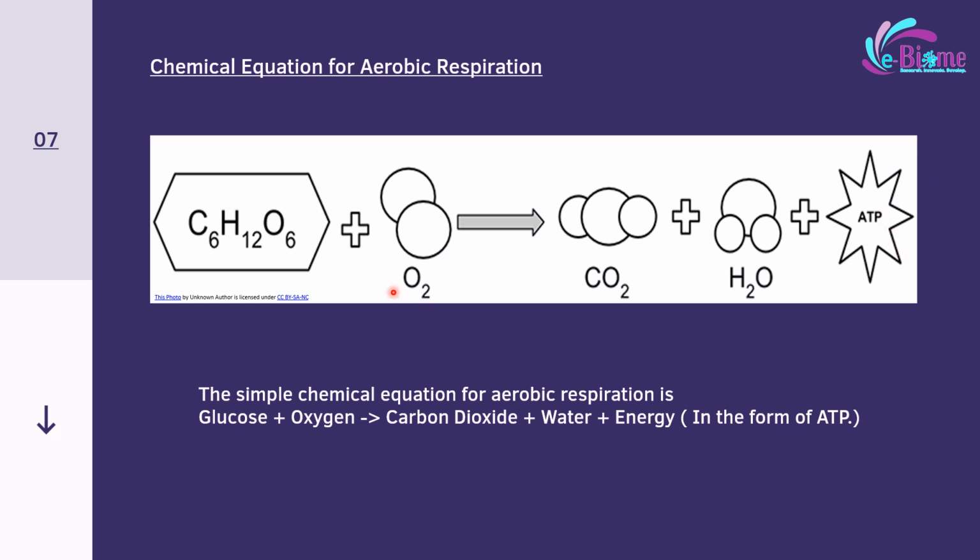In this reaction, you need to take in oxygen from ventilation and glucose from digestion, and then release it in the form of carbon dioxide, which you remove from your body through ventilation again. And you can store the water in your body.